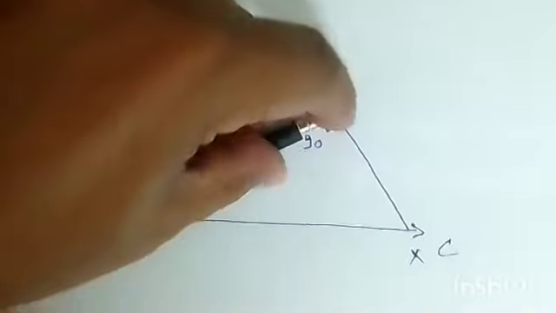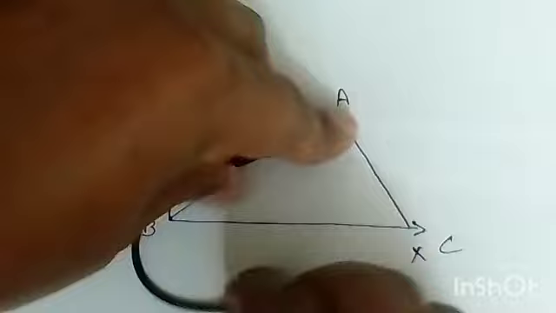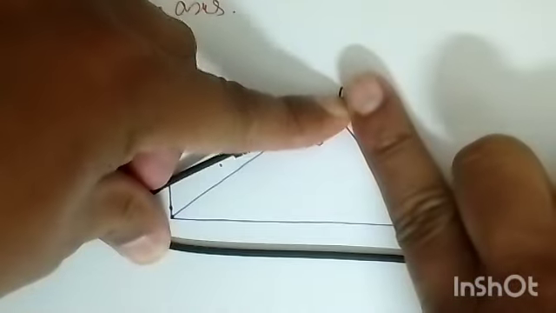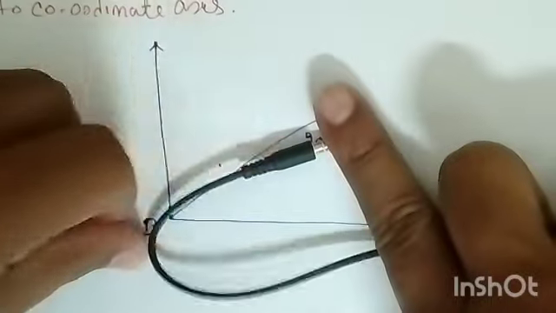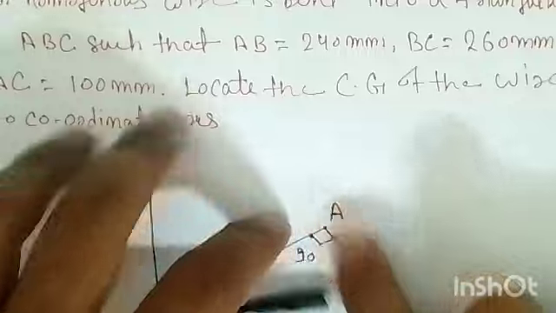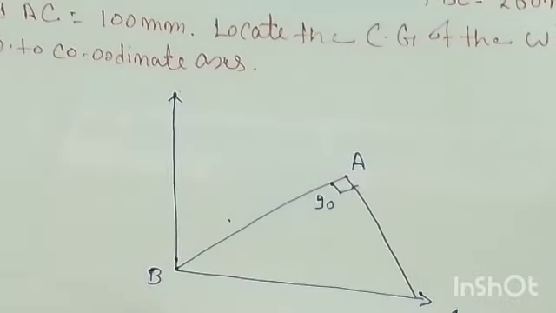So this wire is bent into a triangular shape like this, okay? Such that this AB is equal to 240, AC is equal to 100, and BC is equal to 260. Then you have to find out the center of gravity of that wire with respect to the coordinate axis, right?